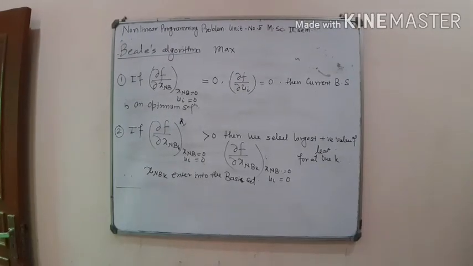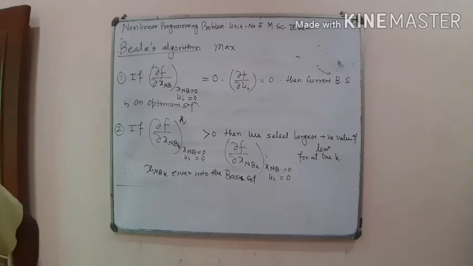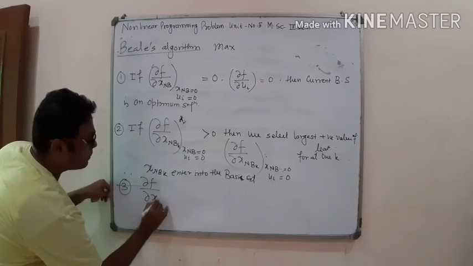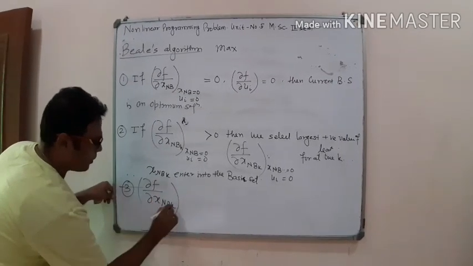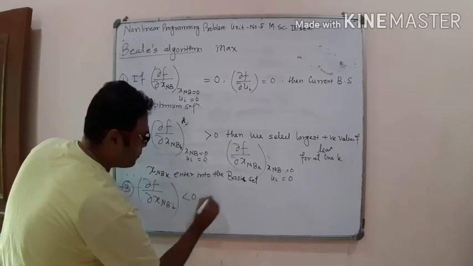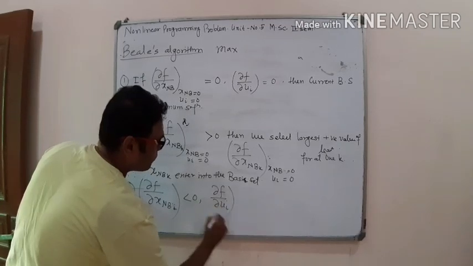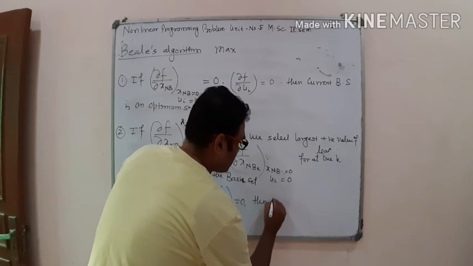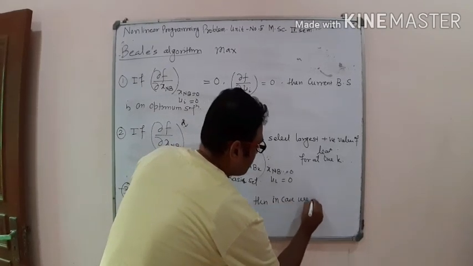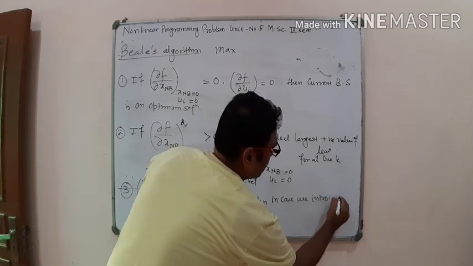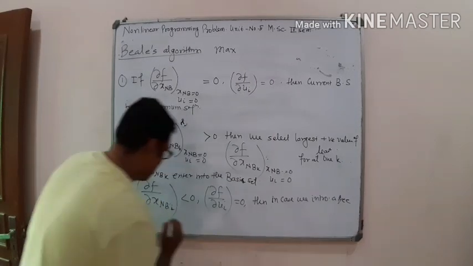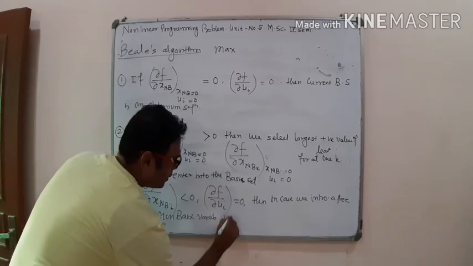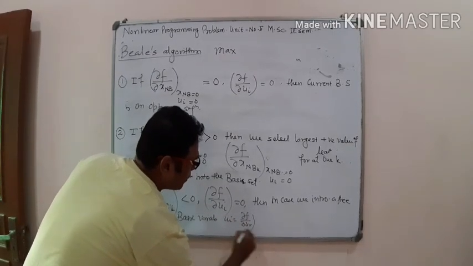Now, case number 3: del f by del xNB k for some k is less than 0 and del f by del ui is equal to 0, then in that case we introduce a free non-basic variable, say ui, equal to del f by del ur.